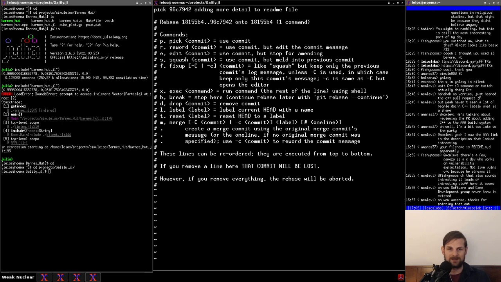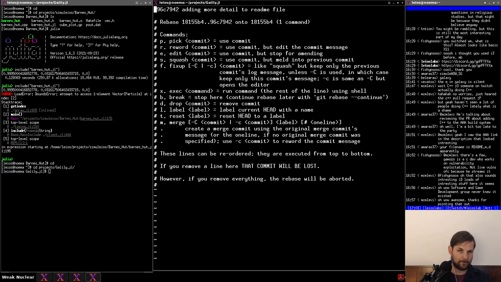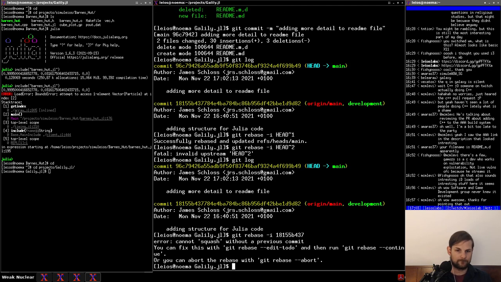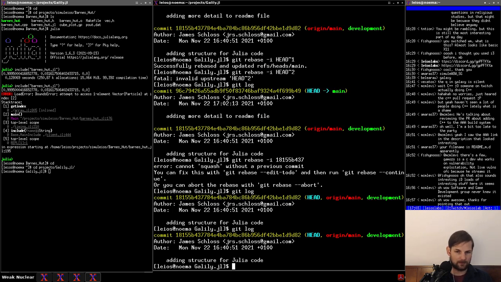Wait, can I squash this? I don't think I can. I think I need the other commit to... Oh, I screwed up. No, I can't squash without the other commit. So how about I just grab that? Where are we? Git log. Okay, so I only have one commit then.